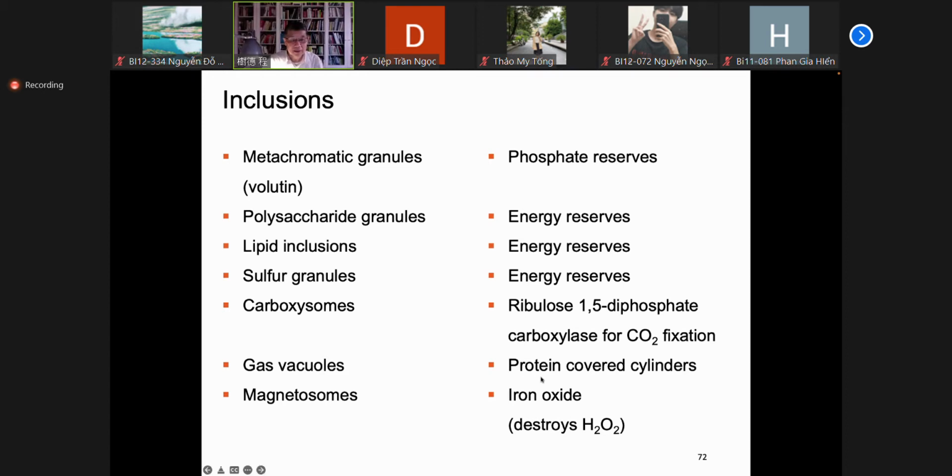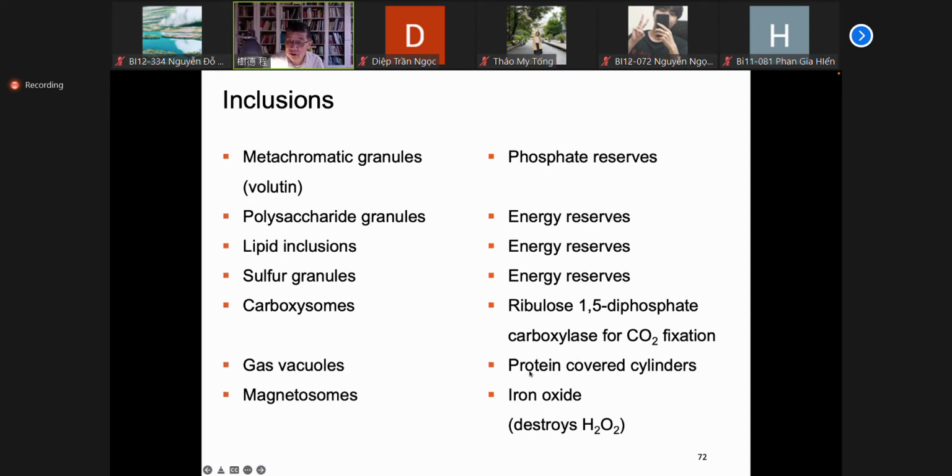And carboxysome. Carboxysome is an inside structure for carbon dioxide fixation, carbon fixation. And gas vacuole.